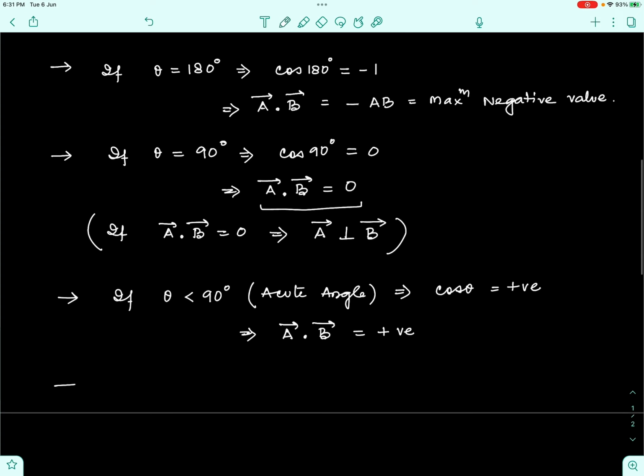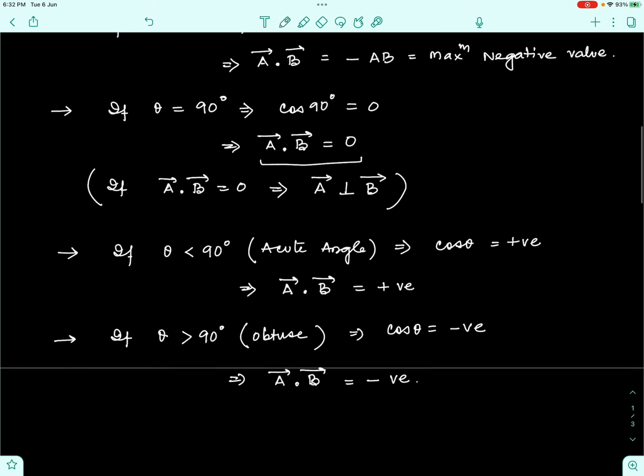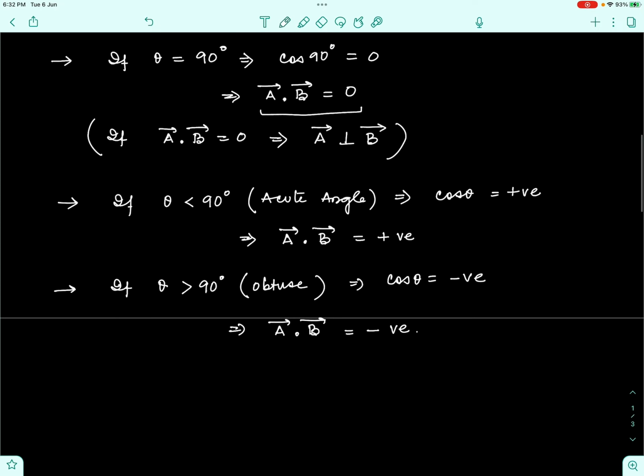On the other hand, if the angle between two vectors is greater than 90 degrees, which is obtuse, in that case, since cos theta is negative, the dot product of two vectors making an obtuse angle with each other will take negative values, isn't it? So, these are some special cases that we can know.